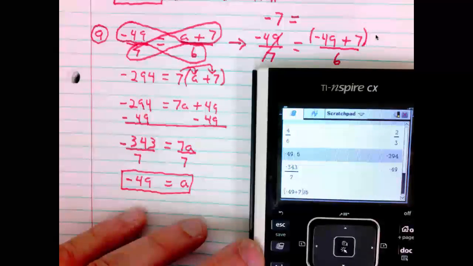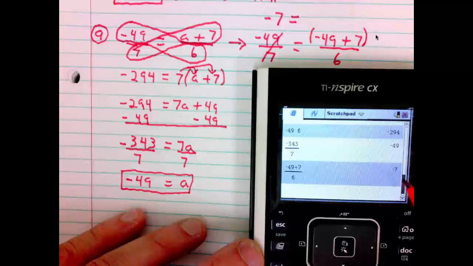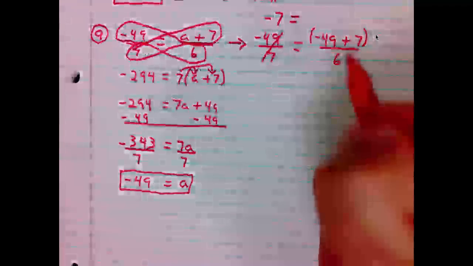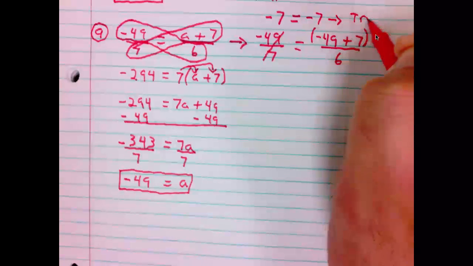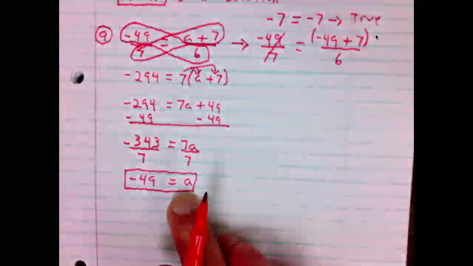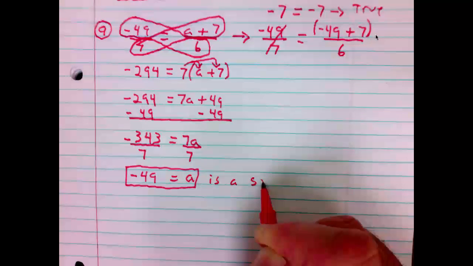And we're hoping this yields a negative 7. And it does. Right side also negative 7. We see that this statement is true. That tells us that a equals negative 49 is a solution.